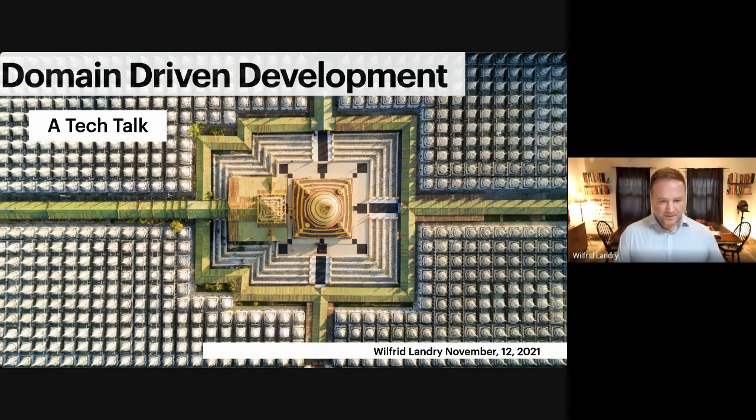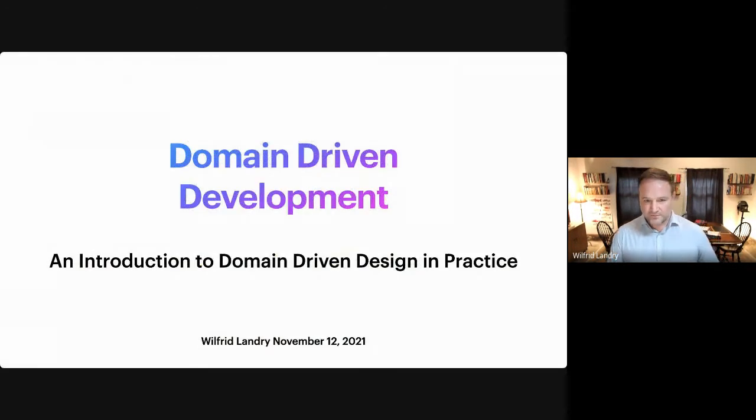So I've been in the industry for 10 years, working for a lot of different organizations, and I've seen a lot of different approaches to software development. There's a really common approach to agile development and Scrum, but there isn't really a common approach to understanding and designing the systems.